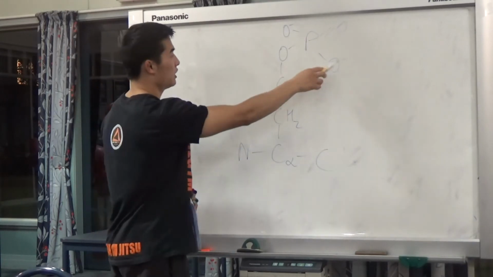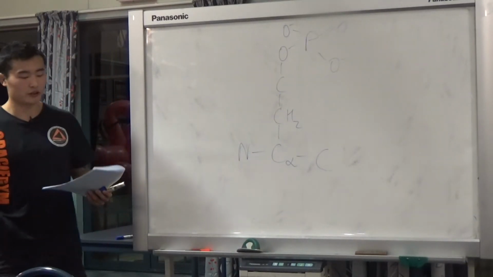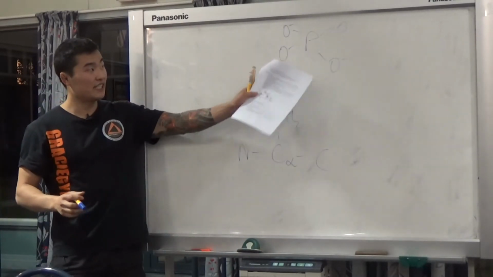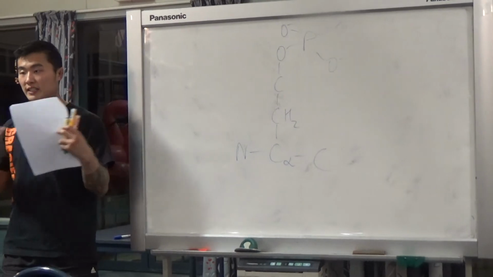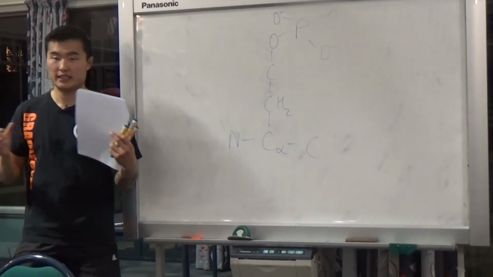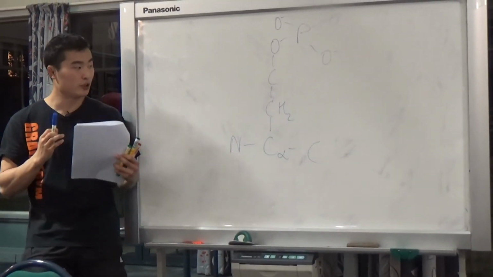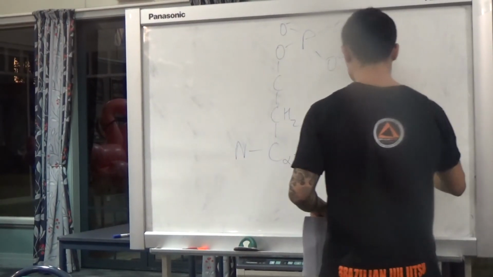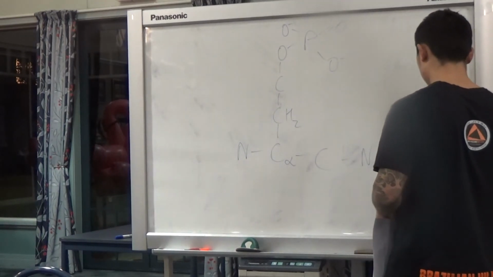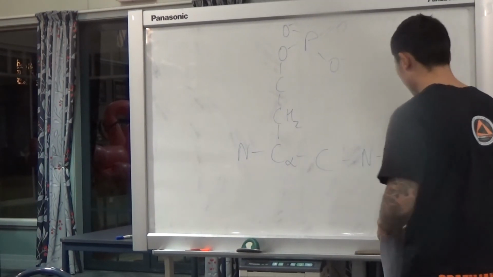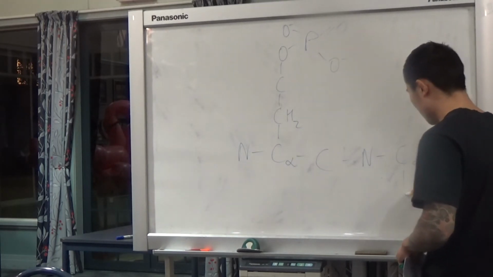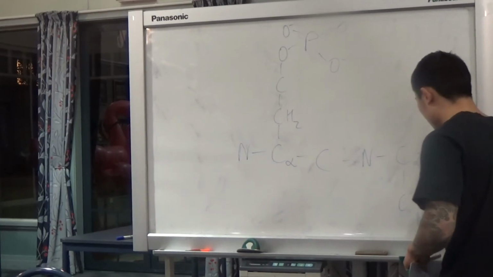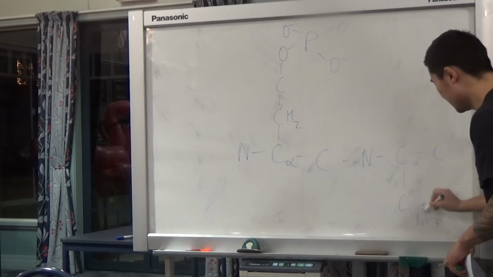Okay, so these oxygens are negatively charged. The phosphate group is negatively charged. And if you're introducing negative charge, that's going to change all of the electrical dynamics between the proteins. So let's say the next one here was a positively charged molecule.